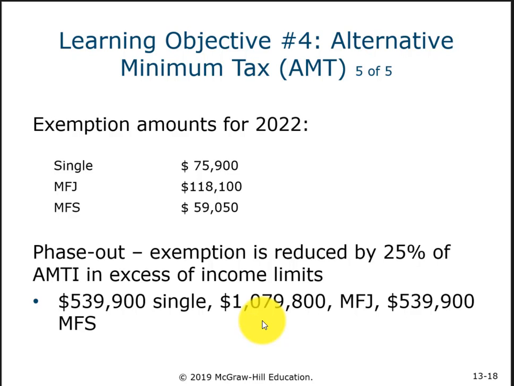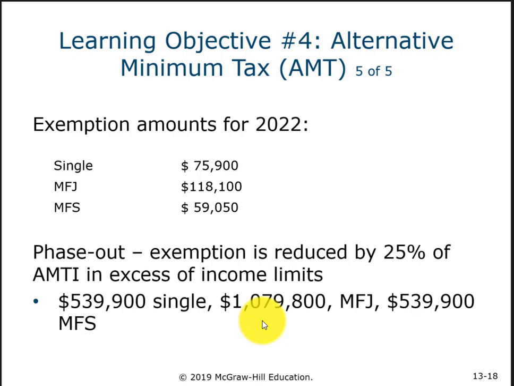So by the time you're having income of $1.1 million or $1.2 million, you have no exemption. Here's the thing. The tax rate for alternative minimum tax is 26% or 28%. Okay, 26% on the first tax bracket, 28% if your income is over that, after you calculate the alternative minimum taxable income.